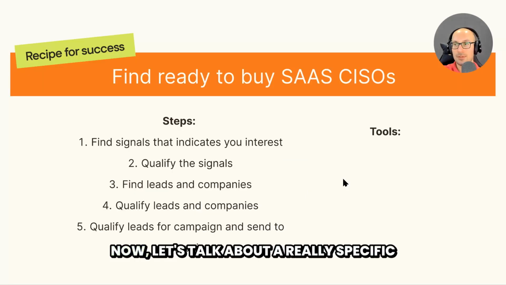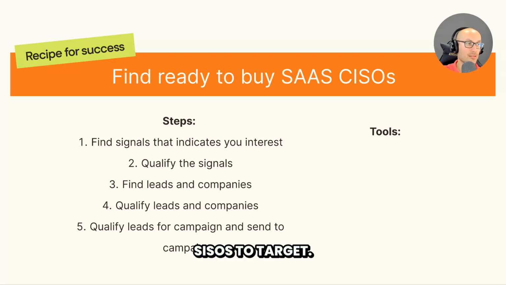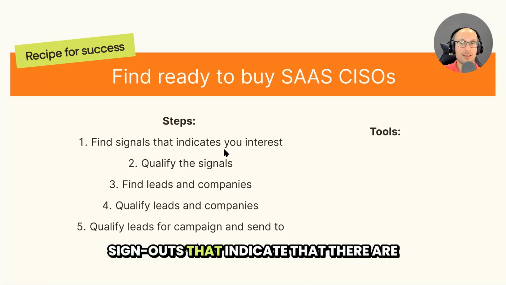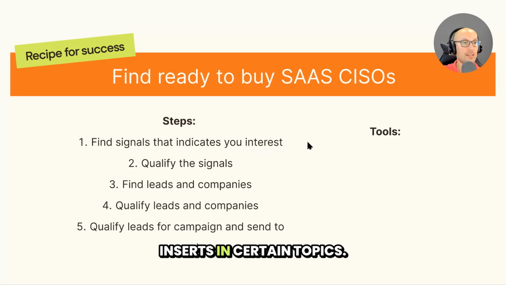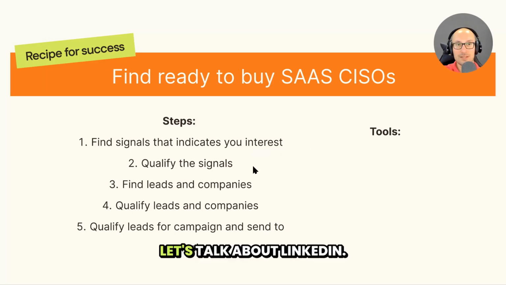Now, let's talk about a really specific case. Let's say you want to find ready-to-buy SaaS CISOs to target. In order to do that, you can find signals that indicate that they are interested in certain topics. You can qualify the signals. Let's talk about LinkedIn.